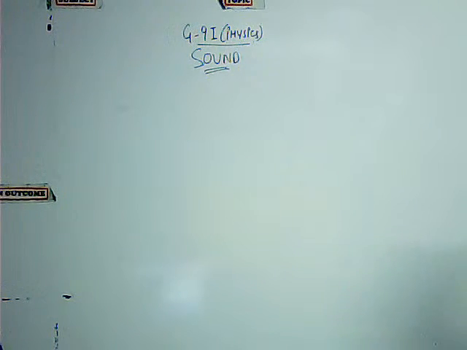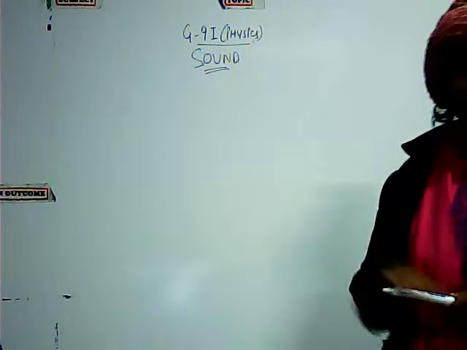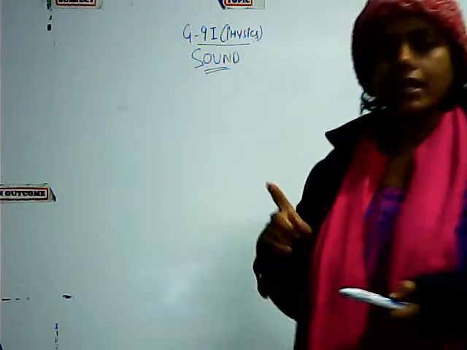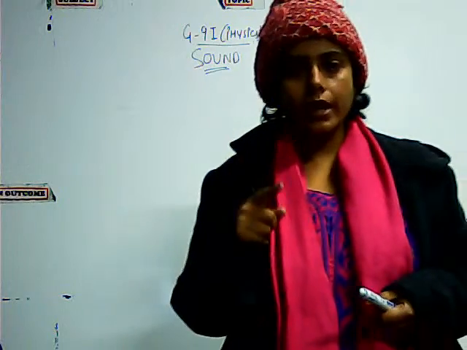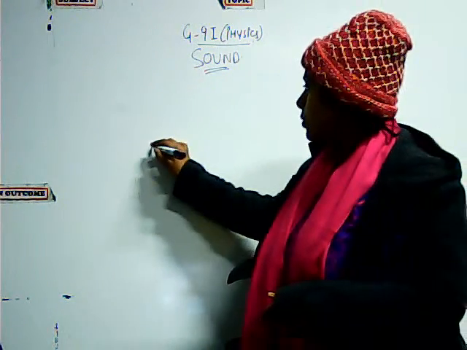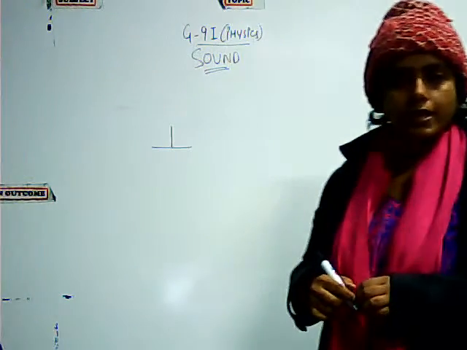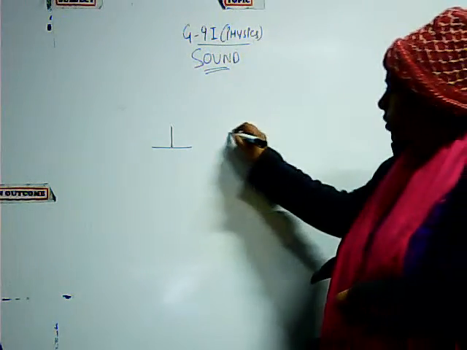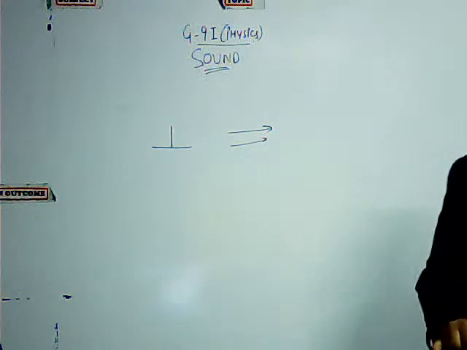And which form of wave is it? Is it longitudinal or transverse? We have done in the previous class, if you remember, that we have two kinds of waves. One is the longitudinal wave and one is the transverse wave. The wave which is perpendicular to the surface is the transverse, and the one which goes parallel is the longitudinal one.